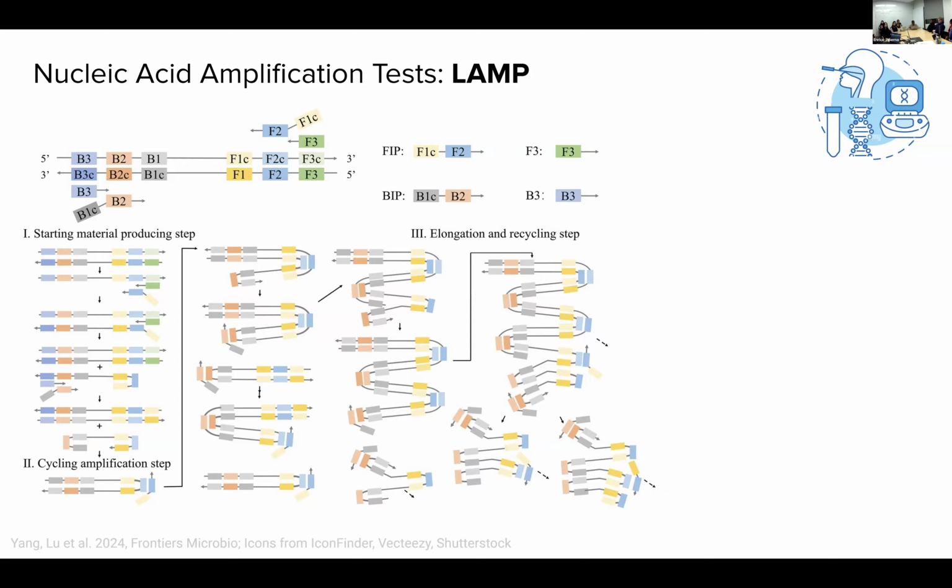So essentially, you have a higher efficiency reaction because you're generating more copies in the same amount of time than you would in PCR. And LAMP tests are also much faster.